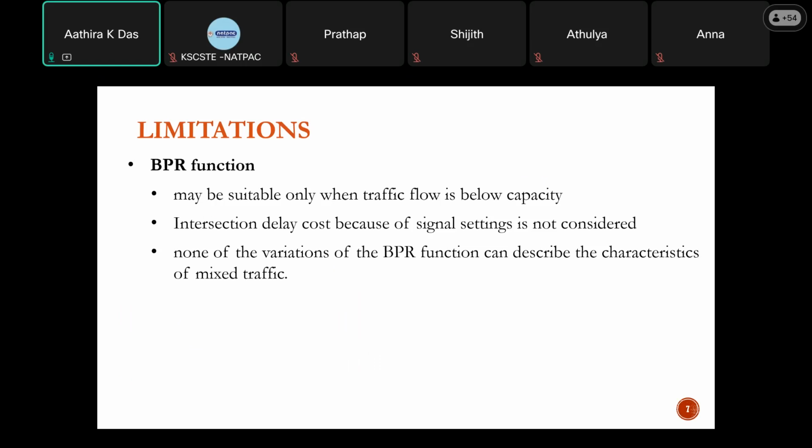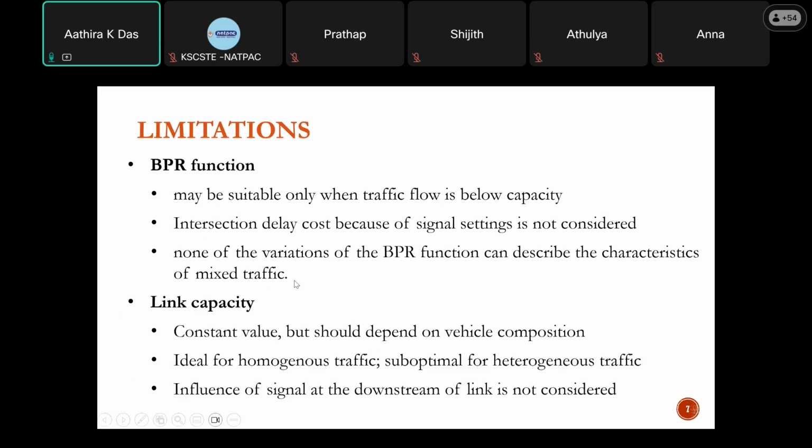And in case of a link capacity, a constant value is used, but when it comes to a mixed traffic condition, it should depend upon the vehicle composition or the characteristics of different vehicle classes. And the constant value may be ideal for a homogeneous traffic, but it is suboptimal for a heterogeneous traffic.